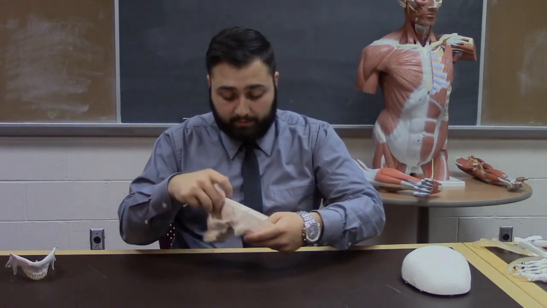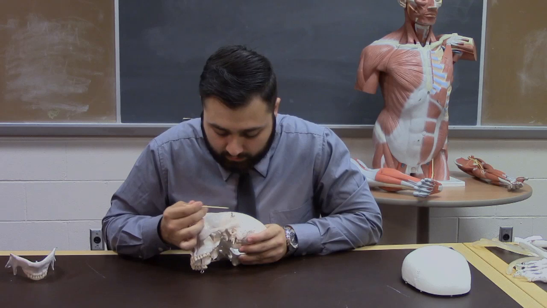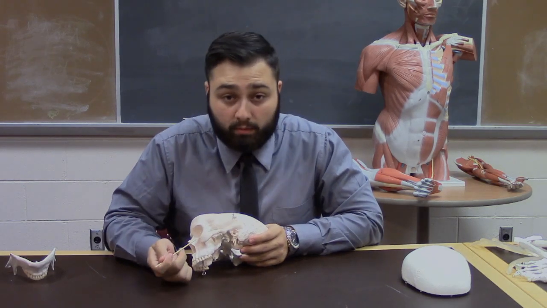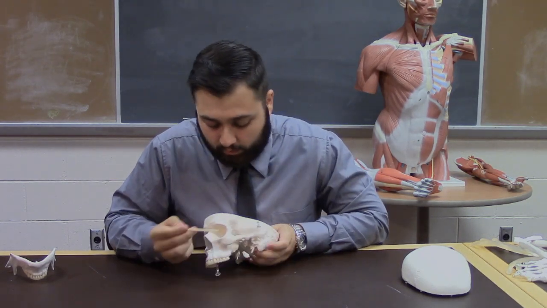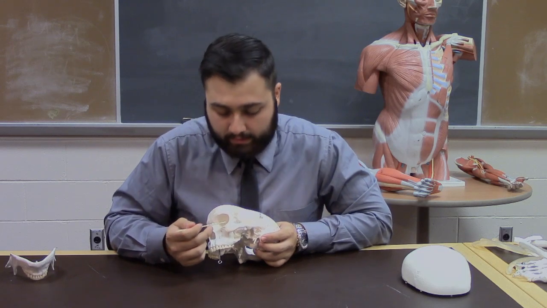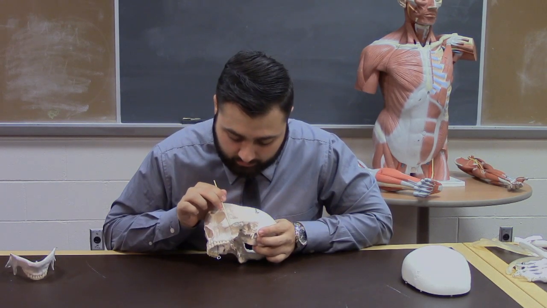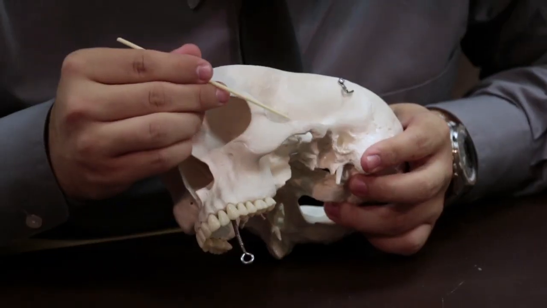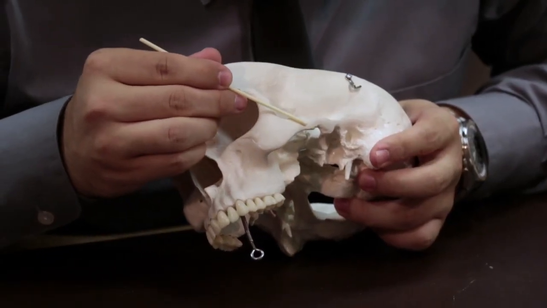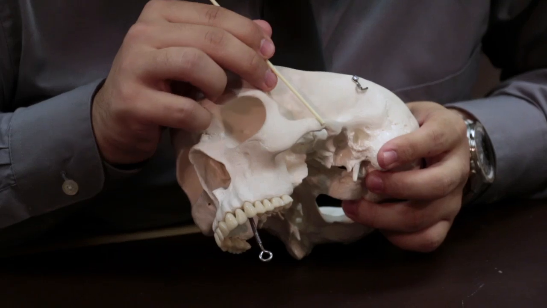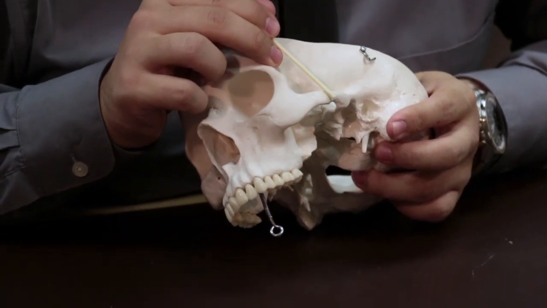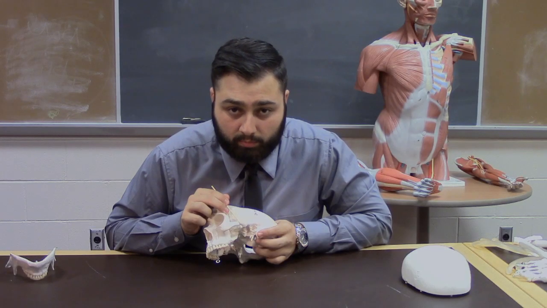Now let's get to the side. This, as we mentioned earlier, is the temporal bone, okay? That's the temporal bone. This right in front is the zygomatic bone, okay? So, this is going to be a bit tricky. There's a little suture right there that divides them. This process right here is the zygomatic process of the temporal bone.